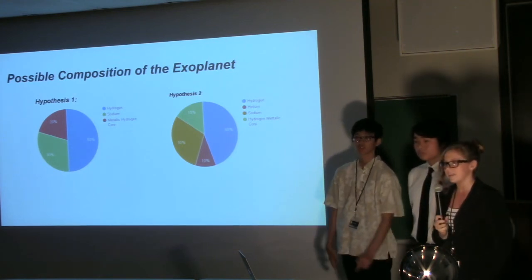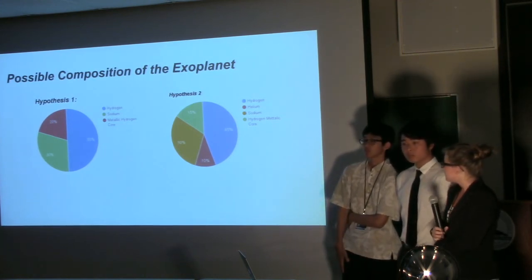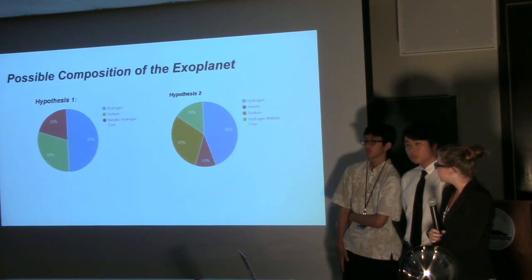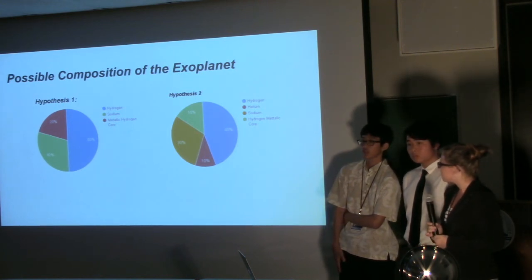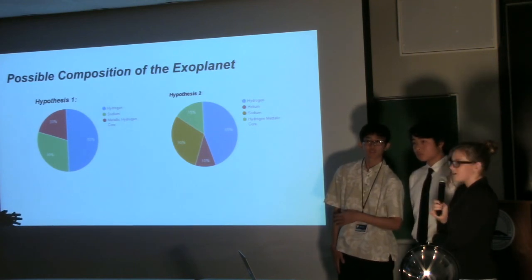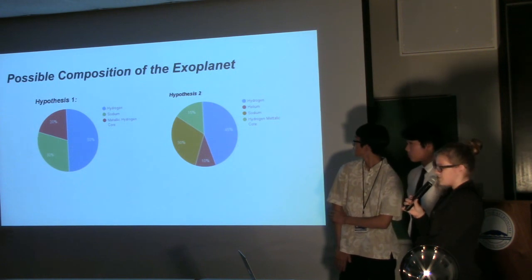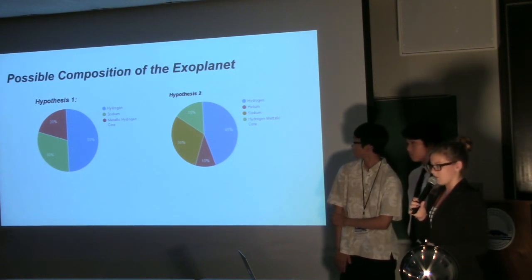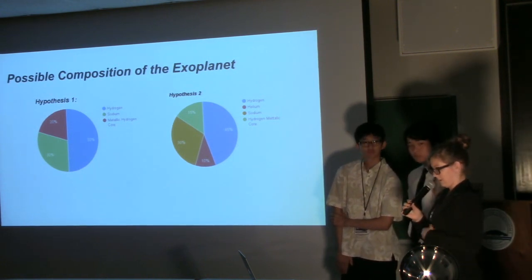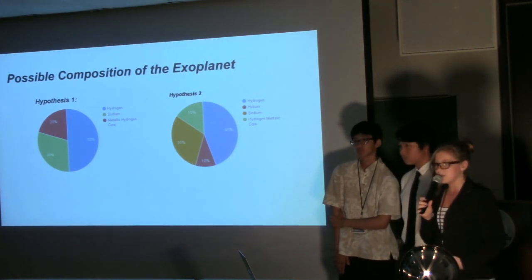Just as a follow-up, why is there the difference, for example, in helium being present there? That's one of the things that's different about the two. Why would it be interesting? Well, we figured two different hypotheses will be great to show because we don't know exactly what they're made of.